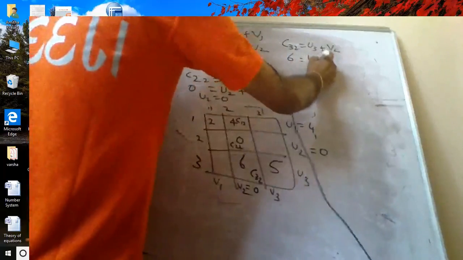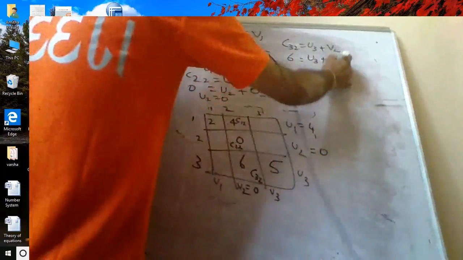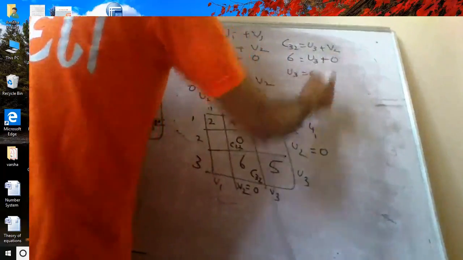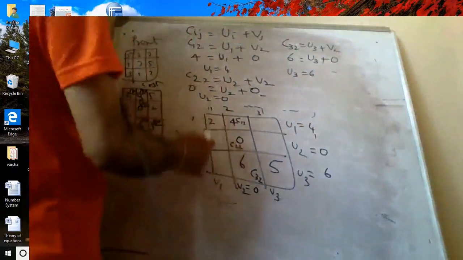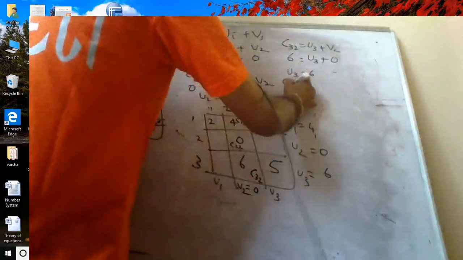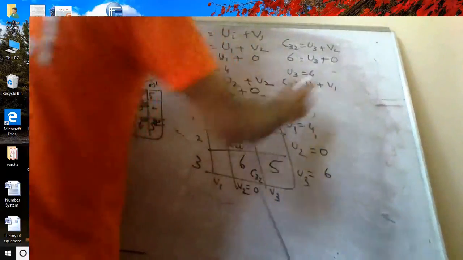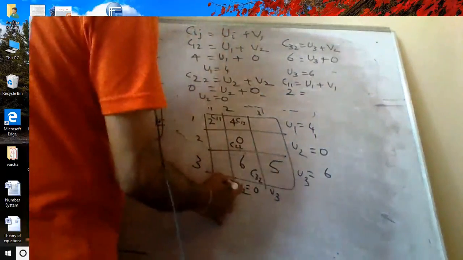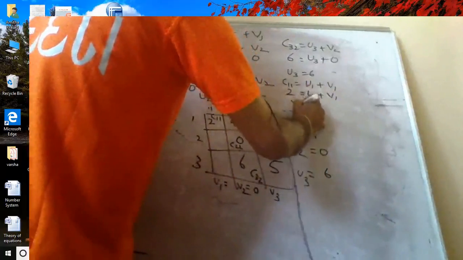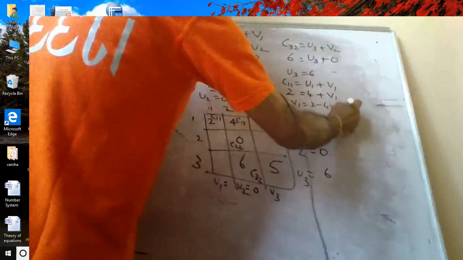U3 you don't know, V2 is 0. Therefore U3 is 6. Next I take C11, U1 plus V1. 2 is equal to U1, which is 4, plus V1, which you don't know. So V1 is 2 minus 4, which is minus 2.